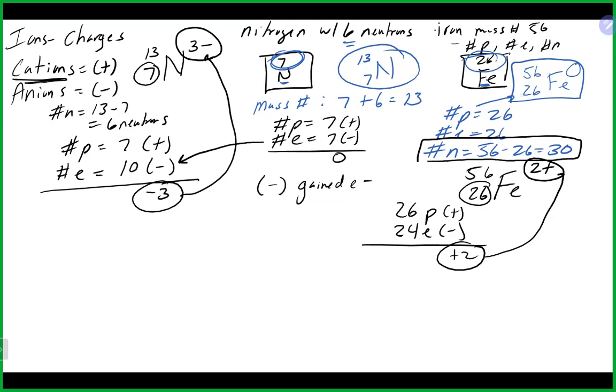If we compare from the neutral, which was 26 electrons, to our guy with a charge, which is our ion, has 24 electrons, it lost electrons. And that is what cations do. Cations will lose electrons. And as they lose electrons, they now have more protons and become more positive. So when you lose electrons, you become more positive.